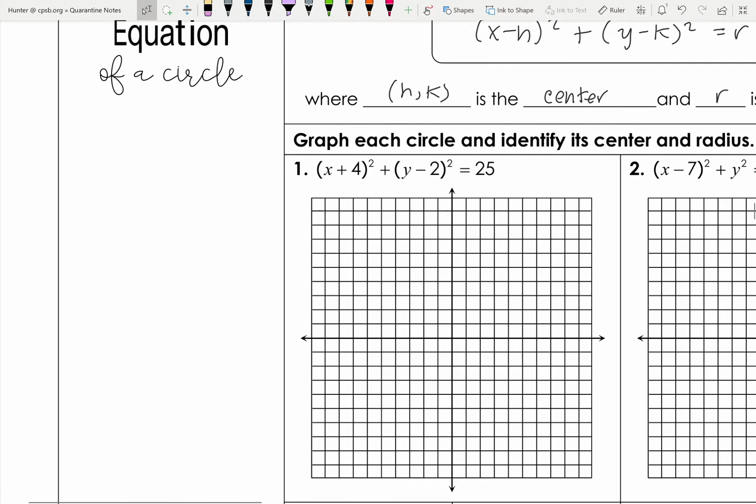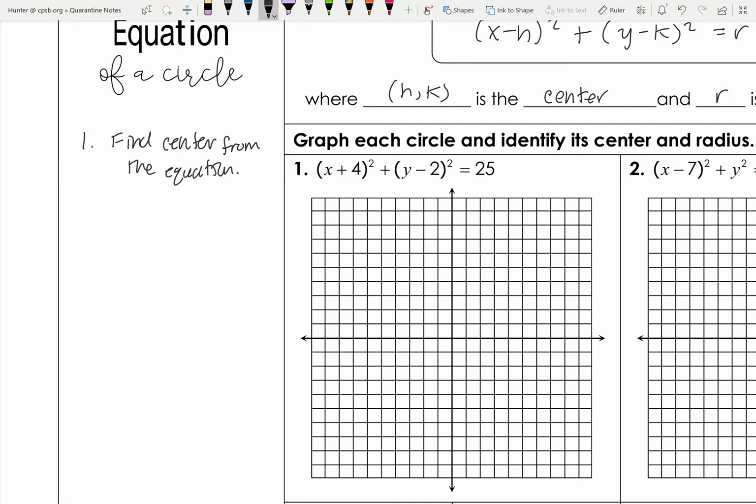So here are my steps for drawing a circle. Number one, find the center from the equation.